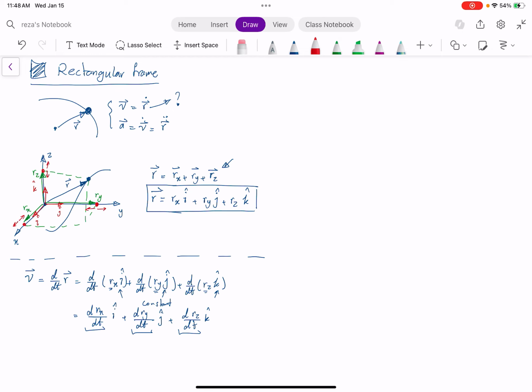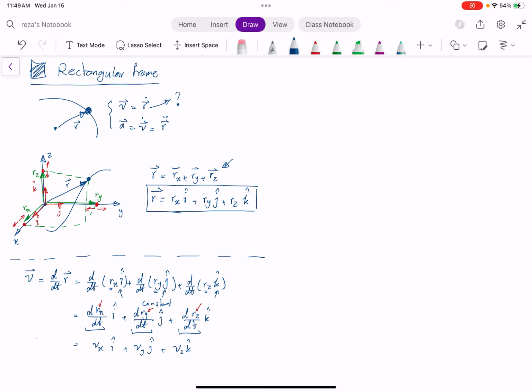So each of these dots has essentially a rectilinear motion along the known directions. Our x, our y, and our z are the positions along that, and the time derivatives of those positions give me velocities in those directions: vx i plus vy j plus vz k.